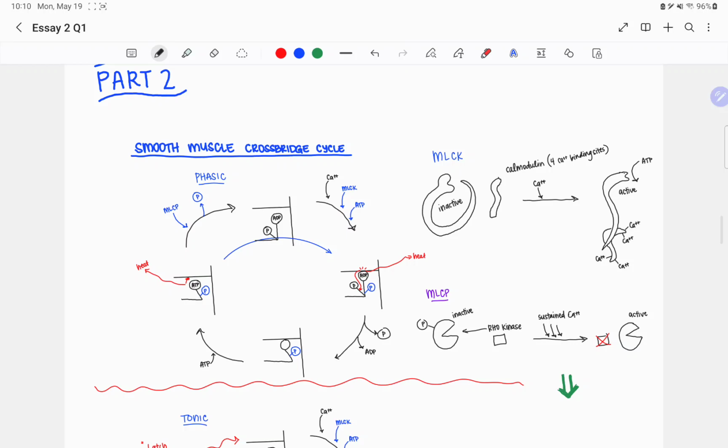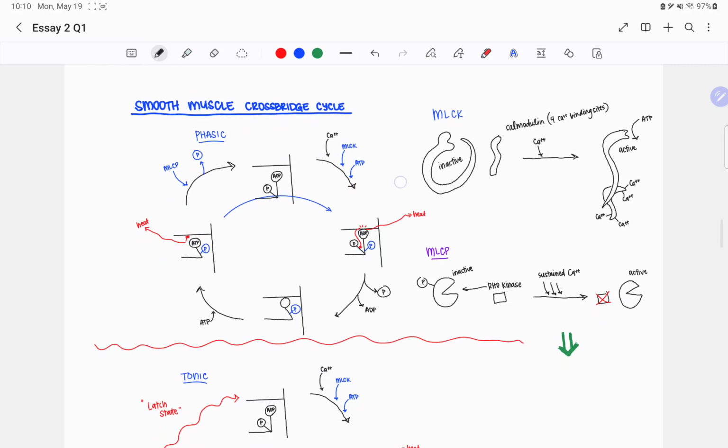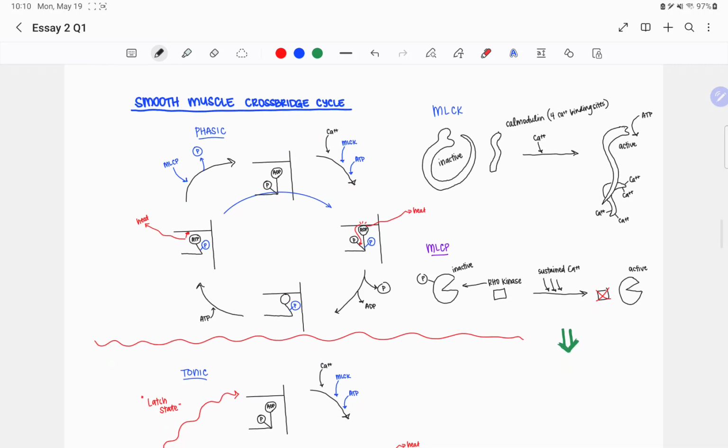We're going to talk a little bit about smooth muscle now. So smooth muscle is a little bit different. I hope you can see that it looks pretty much the same. I've got kind of 4 of the same drawings here, 4 of the same steps. They look a little bit different, right? But again, this is called the cross bridge cycle. Okay, so, but there's 2 different types of cycles that you'll see.